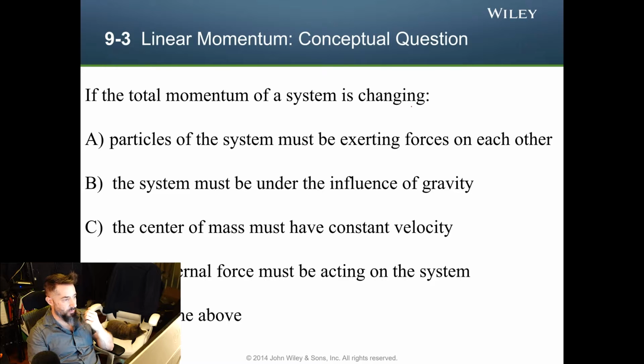Okay, if the total momentum of a system is changing, so just explain this, right? We know right off the bat what I just said before. If the total momentum of a system is changing, there must be some external force. Because again, the total momentum of a system has to be conserved because everything inside it has to be accounted for, right?